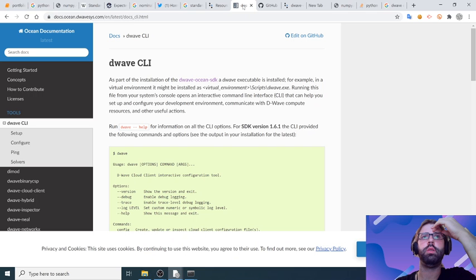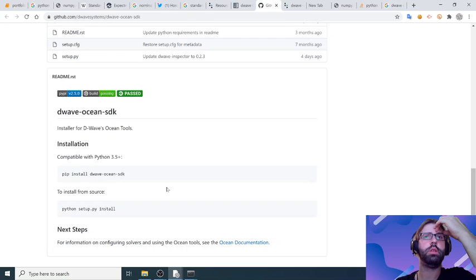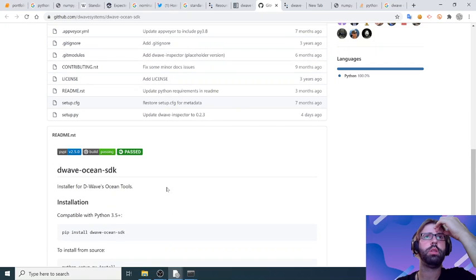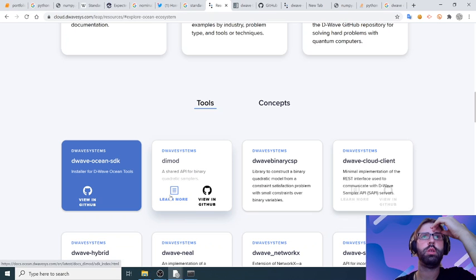So I'm downloading these and then... So that's the installer. What's these?